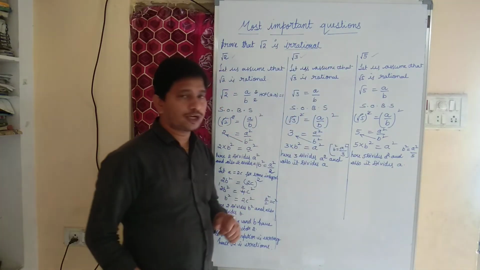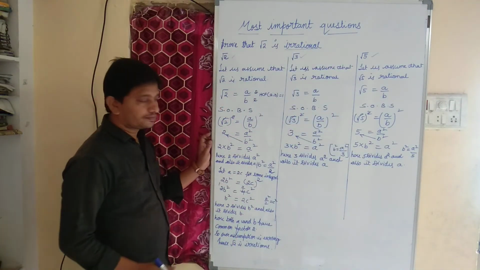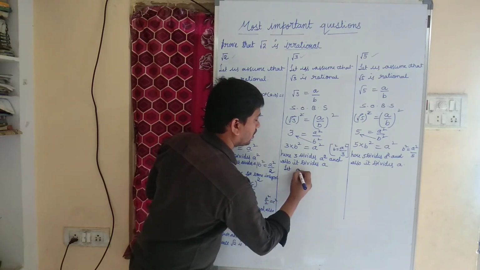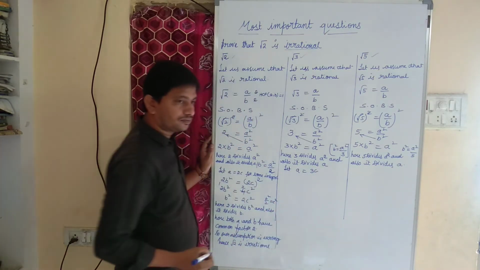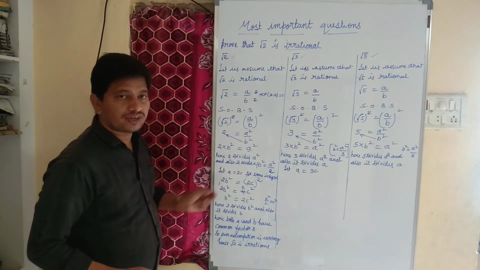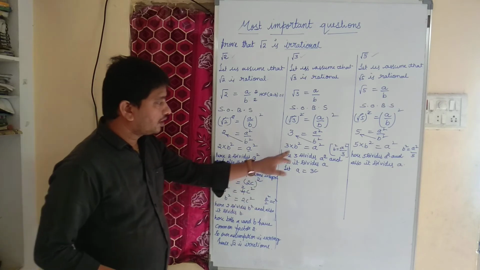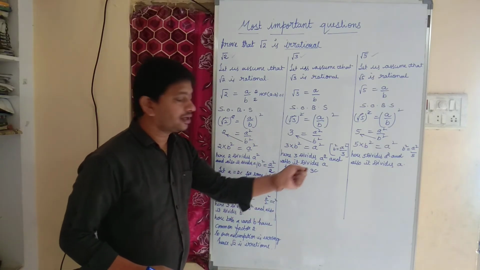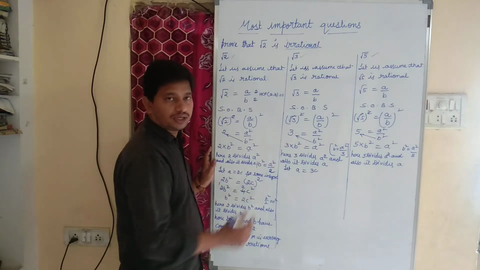In a similar manner, we continue to root 3. Here what you do, let a equal to 3c. Here what we assumed before was a equal to 2c for some integer c. Here it is 3 multiplied by b squared, that is the reason let a equal to 3c for some integer c.